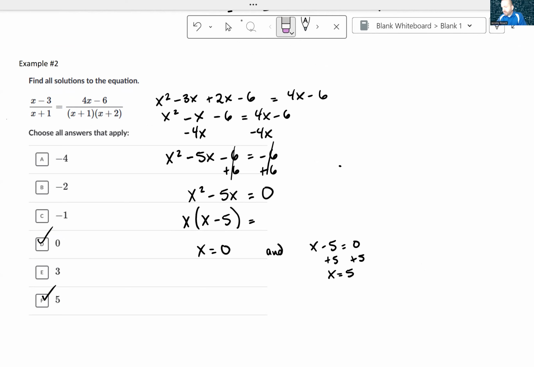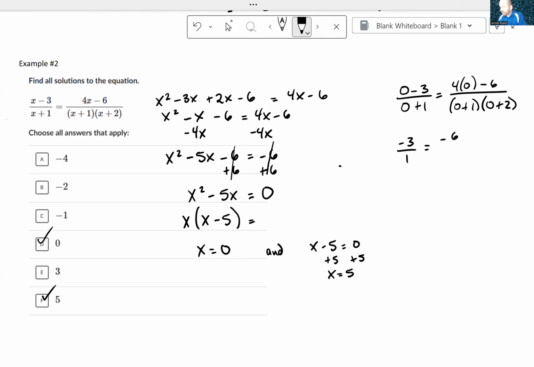So if we plug in x equals 0, we would get 0 minus 3 over 0 plus 1 equals 4 times 0 minus 6 over 0 plus 1, 0 plus 2. We get negative 3 over 1 equals negative 6 over, and that's 1 times 2 is 2.